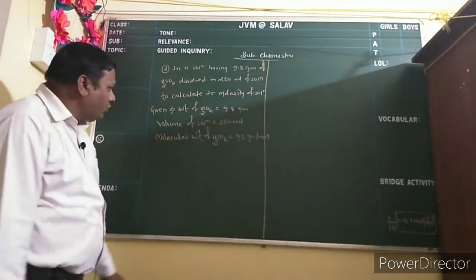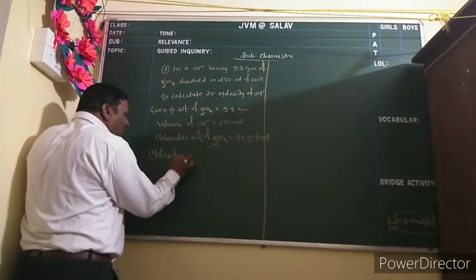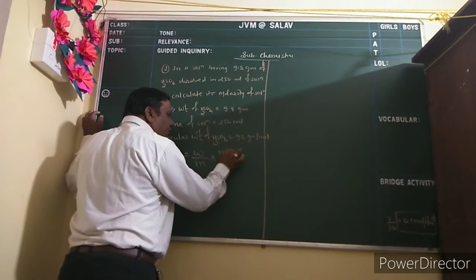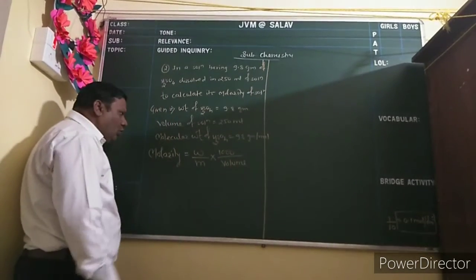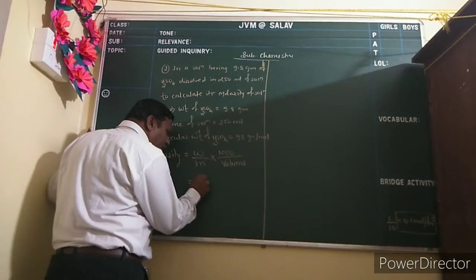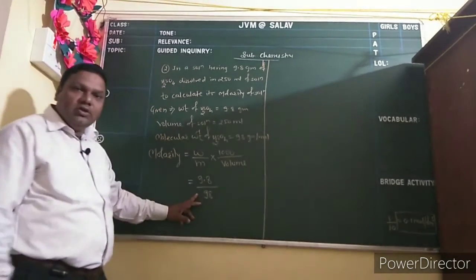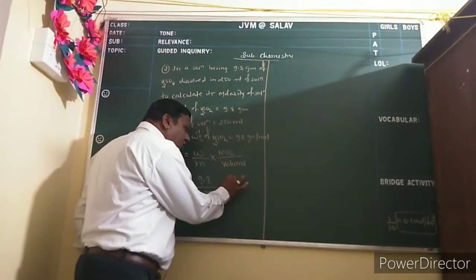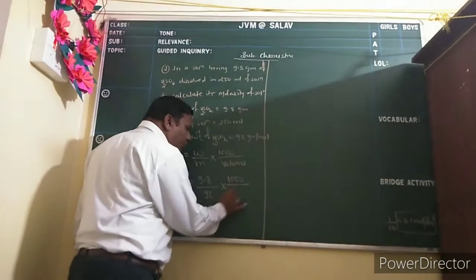So then the molarity, put up this formula: molarity is equal to small w upon small m into 1000 upon volume. So small w is 9.8, small m is 98. What is 98? Molecular weight. 9.8 is the given mass of H2SO4, into 1000 upon volume, it will be 250.